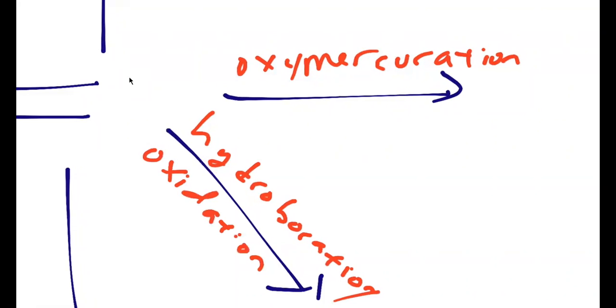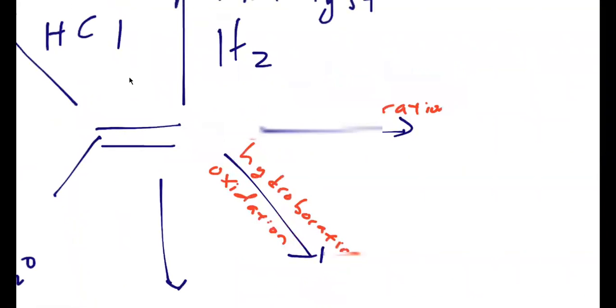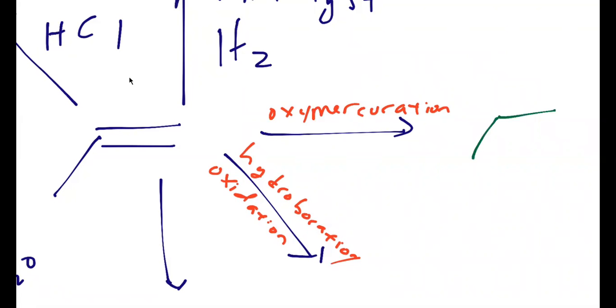That's one of those sequence reactions where you make something from the first step, and then whatever you make from the first step, the second step is going to convert it into something else. But when you do oxymercuration, I'm going to show you the difference. They both make alkenes into alcohols, but the difference is the location of your alcohol.